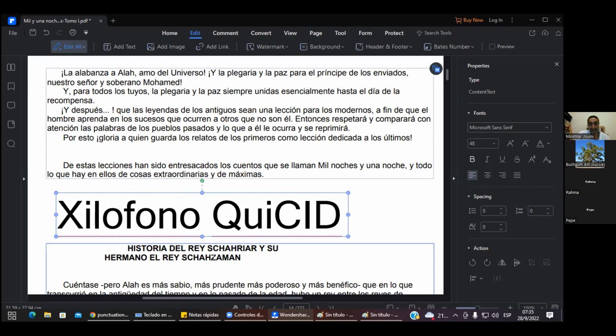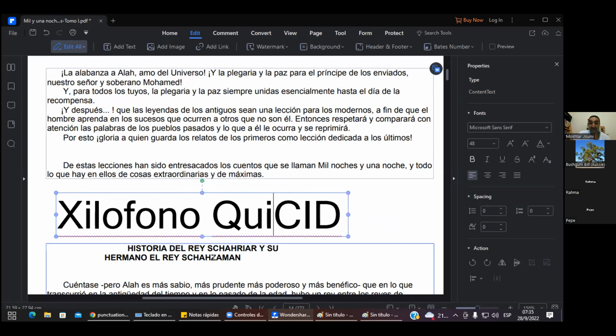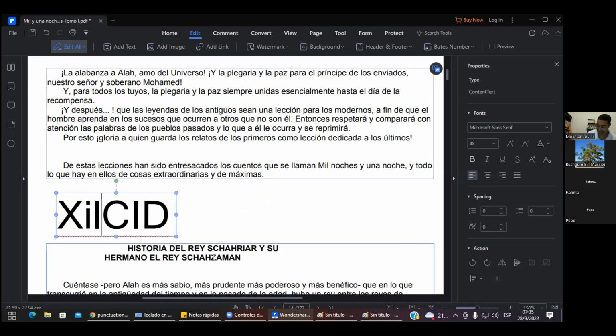Exactly, and in those days it was written like that, Quixote, with X. Now we write it like Quixote. Don Quixote. But it was Quixote. By Cervantes. Exacto. Miguel de Cervantes y Saavedra.